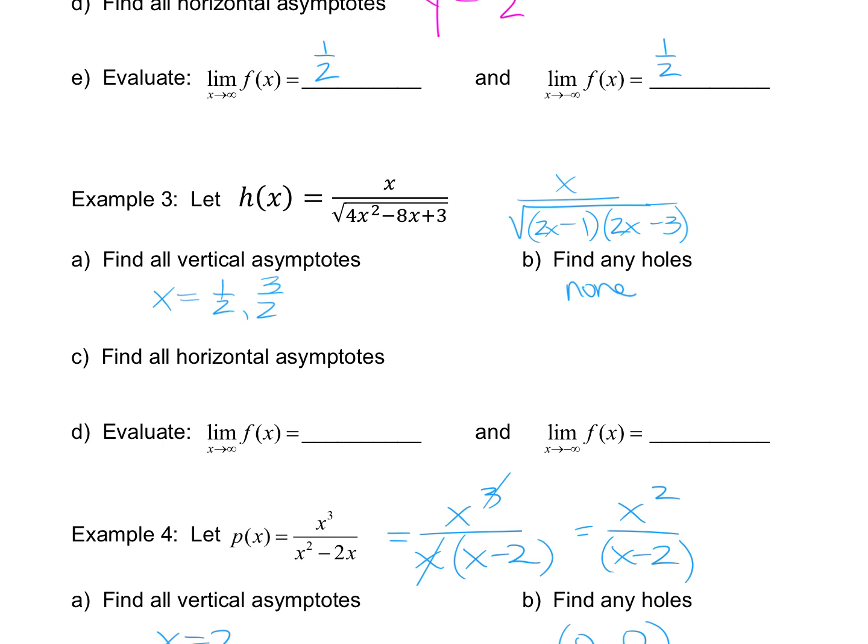Now, here's the even more interesting part. Horizontal asymptotes we've always done by comparing degrees, right? This one's a little bit funky because of the root, right? But its behavior still kind of works the same way. What's the degree on top? 1. And then when you look on bottom, I have the highest degree as an x squared, but I also have a root on it.